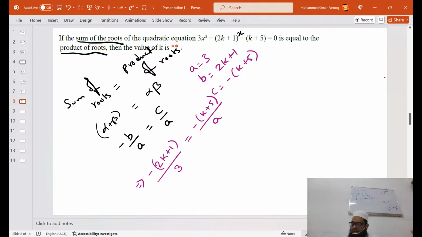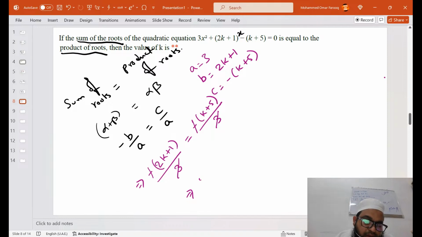Now what happened, my dear students? What is a? A is 3. Now since we have one term, can I cancel k and k? Yes, I can. And minus also gets cancelled, because the denominator is common for the whole numerator.